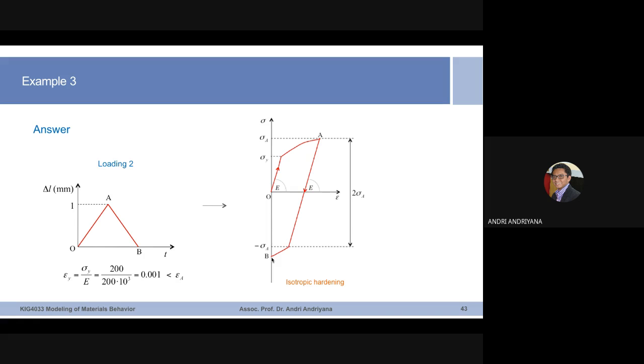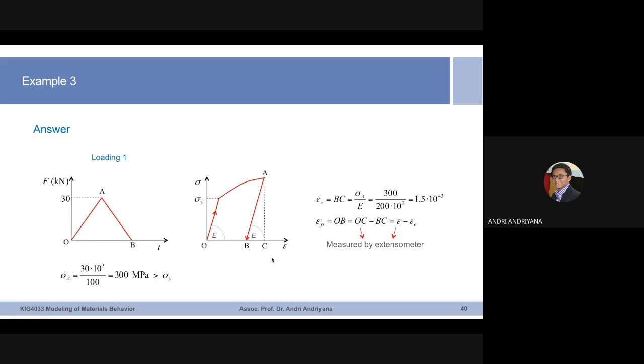If you want to know the characteristic of the strain hardening in materials, whether it is isotropic or kinematic hardening, then you need to do the tensile test by imposing a displacement control or strain rate control, which is loading number 2. Because if we go to loading number 1, the result that you will obtain is this one.